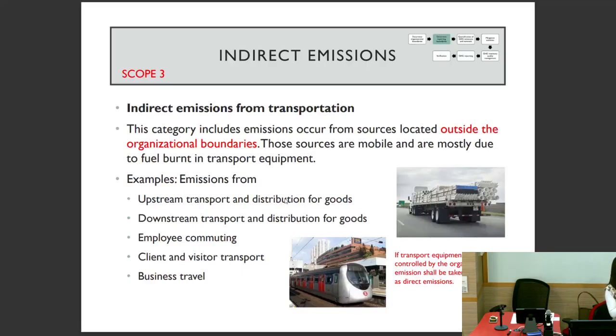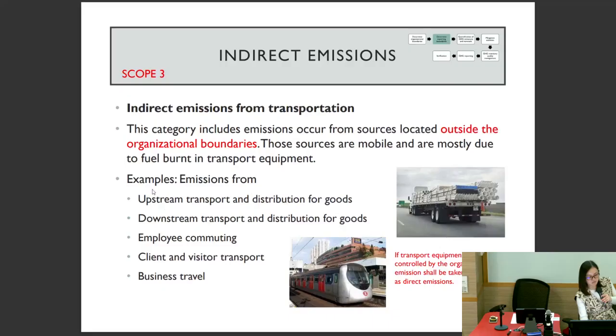Okay, so maybe they take the ship to transport these raw materials to here, and the emissions due to the transportation process would be under scope 3. Okay, that ship is not owned by my company, outside my organizational boundary, but it is due to the activities of my organization, okay, then under scope 3.